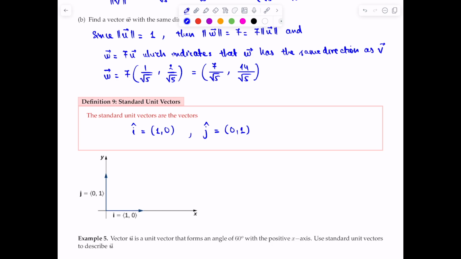Okay, so a vector v equal to x comma y can be expressed in terms of the standard unit vector form.